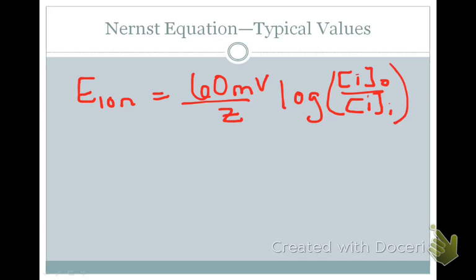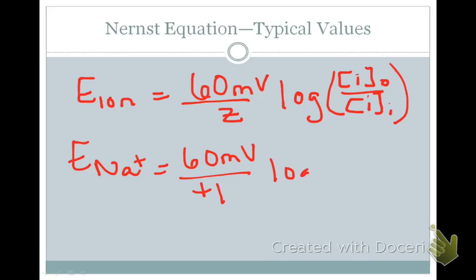If we find the equilibrium potential of sodium, so that 60 millivolts, its Z is +1, times the log of, so there's way more sodium outside than inside, so we'll say we've got about 100 millimolar sodium outside versus about 10 millimolar inside.